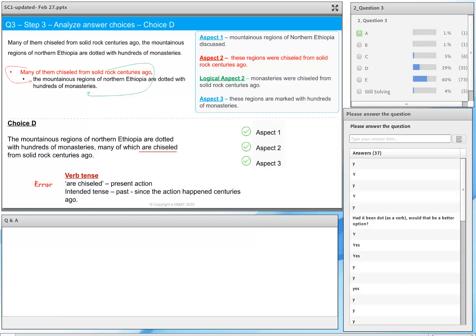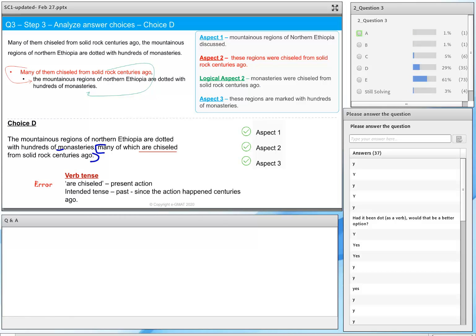But take a look at choice D. Choice D is not the correct answer. Why? Because all the aspects are fine. The meaning is fine. The mountainous regions of northern Ethiopia are dotted with hundreds of monasteries, many of which are chiseled, which is fine in the sense that this modifier is now correctly talking about hundreds of monasteries.